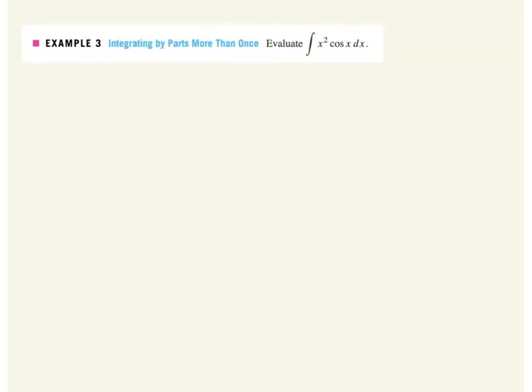So example 3 is going to allow us to do integrating by parts more than once. Okay, so the initial approach is nothing different, right? I have a u, I have a v prime. The antiderivative of u v prime dx equals uv minus the integral of u prime v dx. Okay, great.